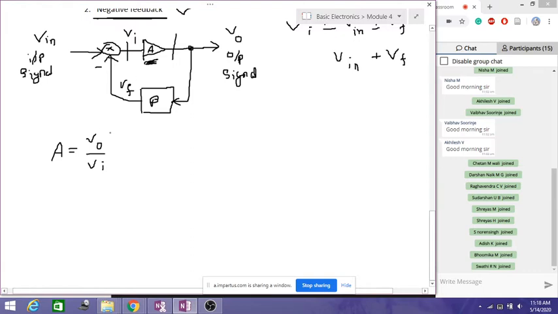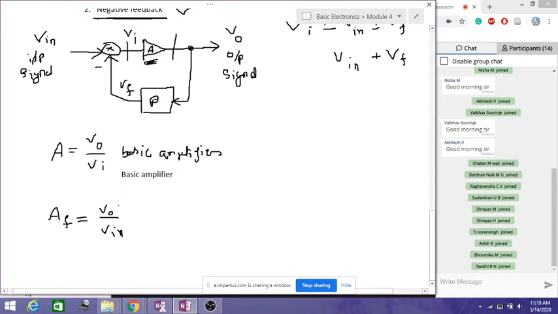This A we call the basic amplifier. Then the overall gain, including feedback, is defined as Af, that is Vo by Vin.